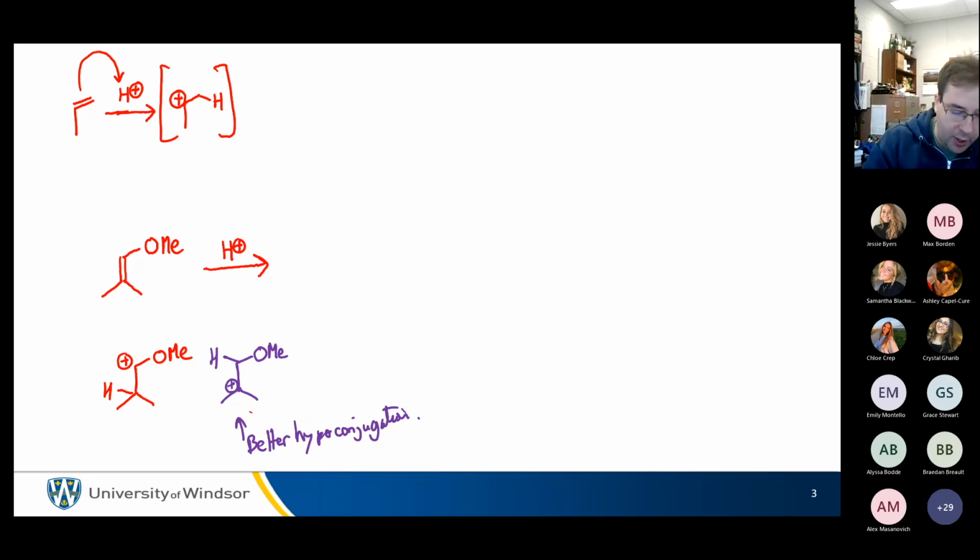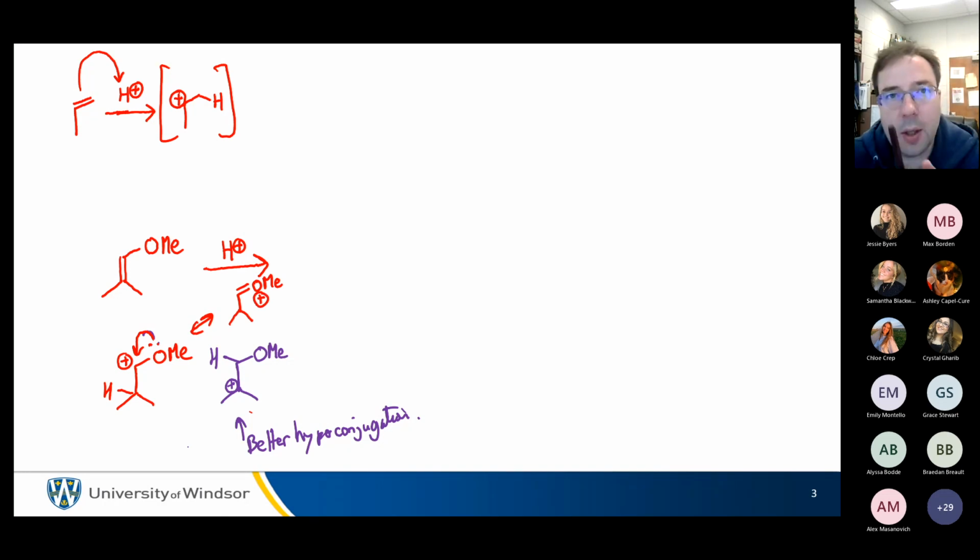Perfect. So the red one here, which is now getting a line drawn purple, which makes no sense, has a pretty good resonance structure. So resonance in and of itself isn't always going to beat hyperconjugation.